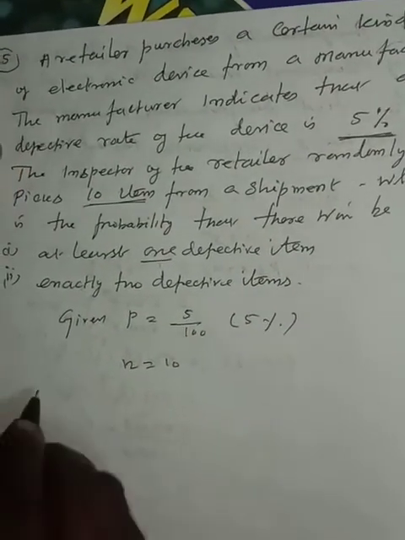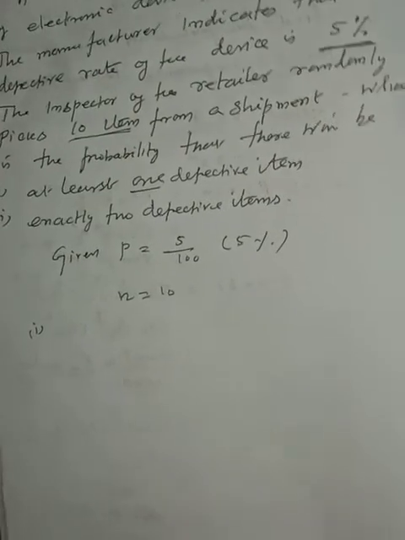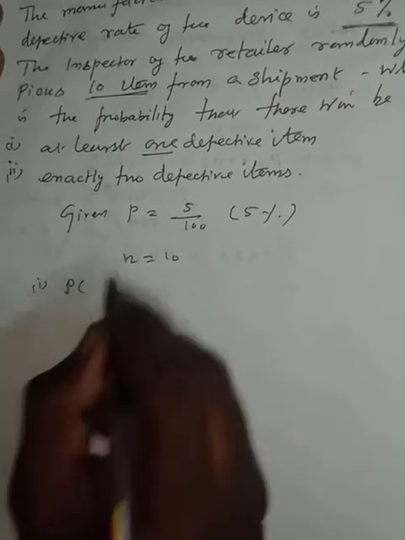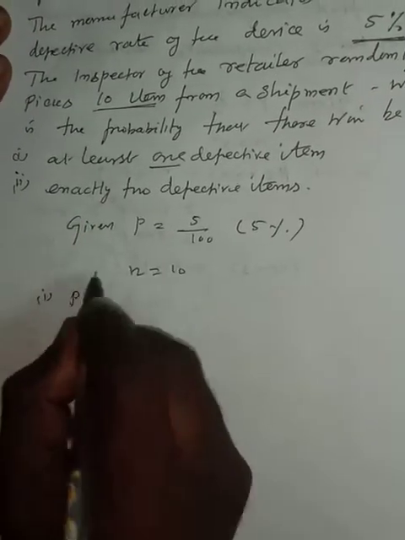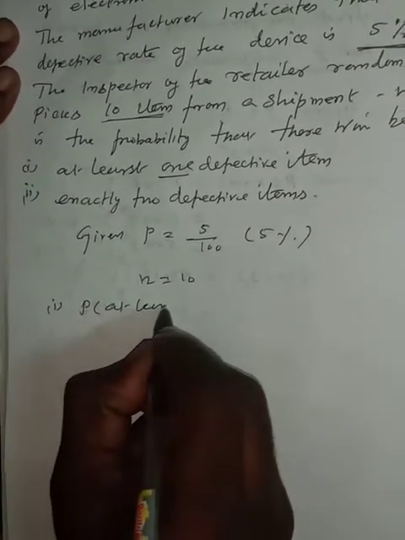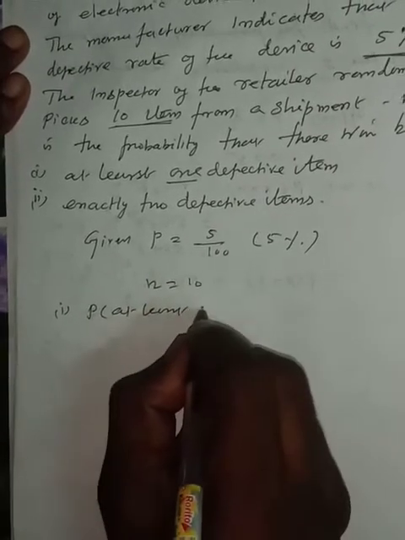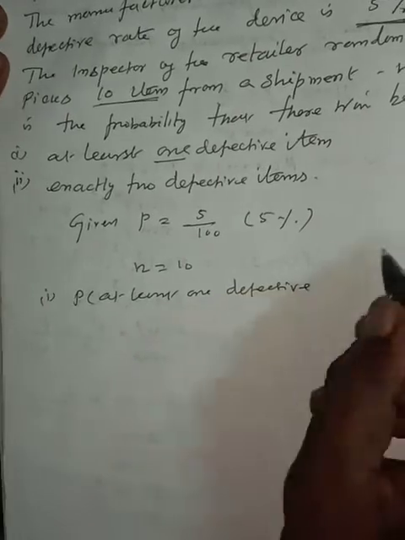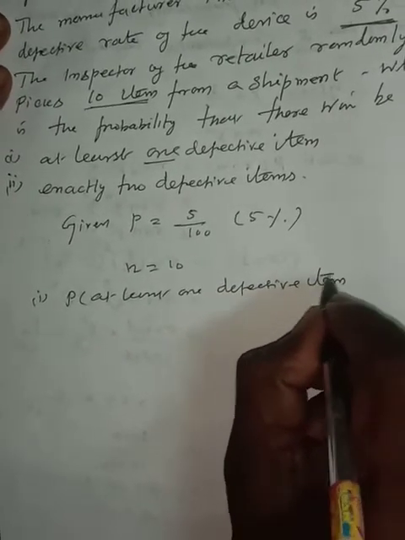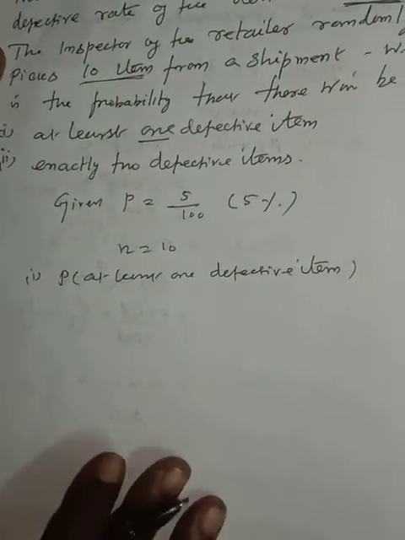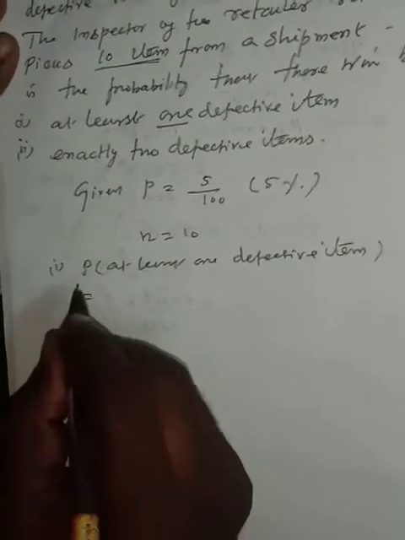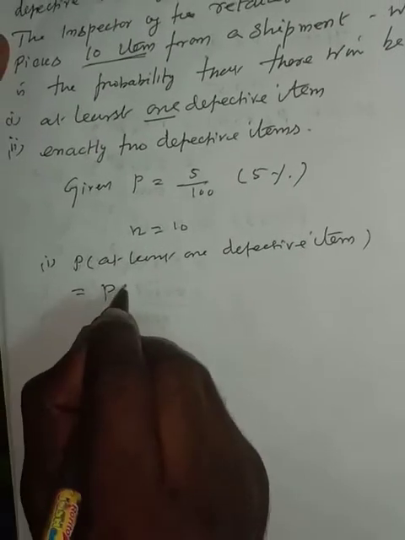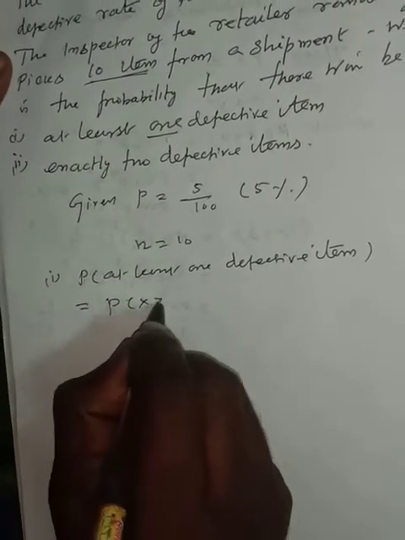Next, subdivision number 1: the probability of at least one defective item is equal to the probability of x greater than or equal to 1.